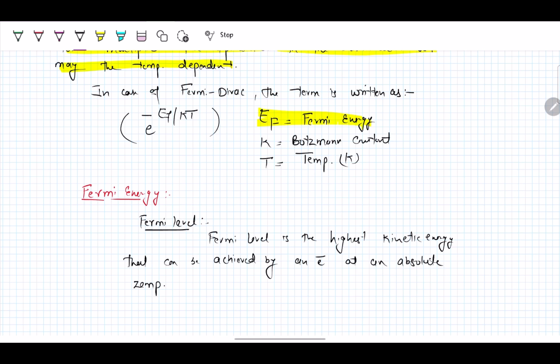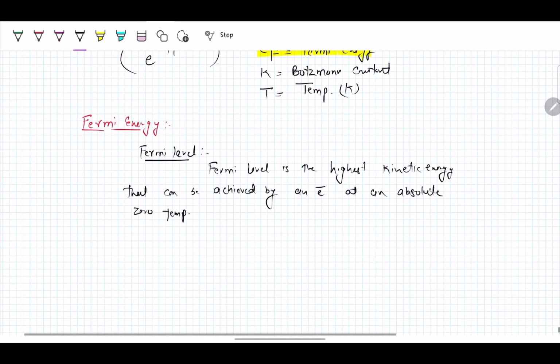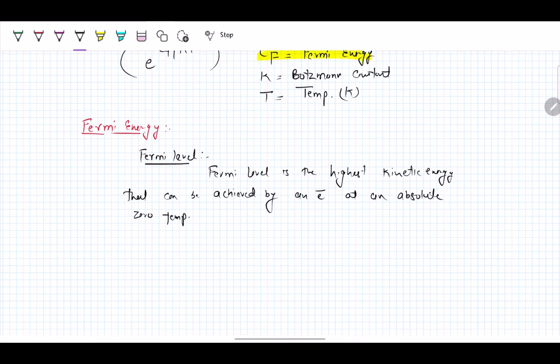At absolute zero temperature, the maximum amount of energy that can be achieved is called the Fermi level.